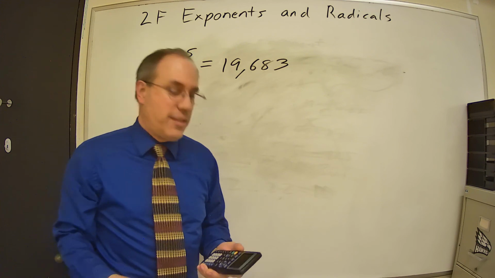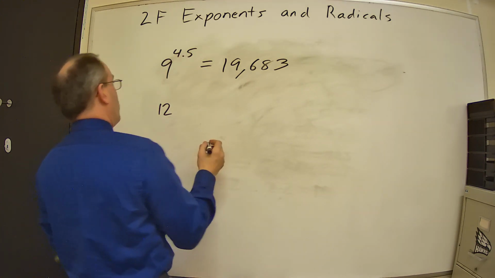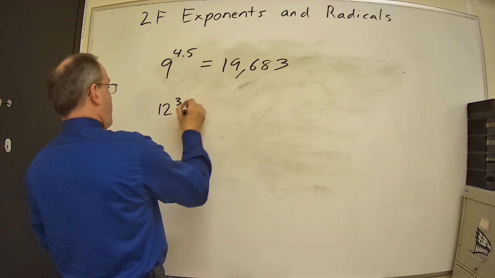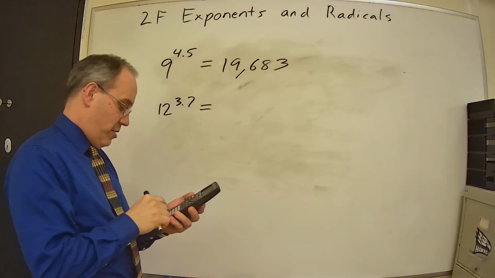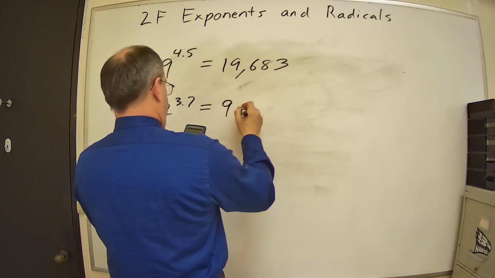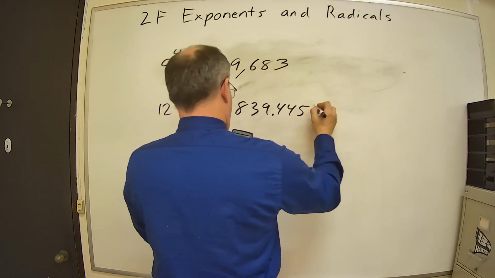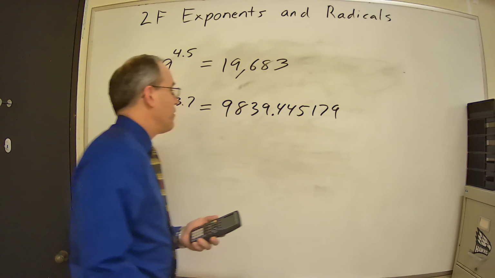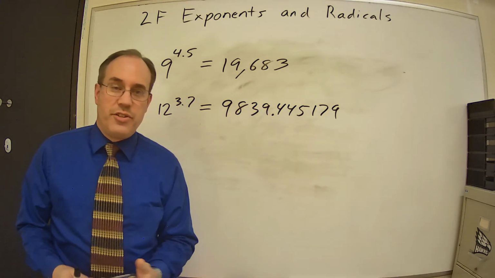In fact, it's very likely that it won't. What if we try 12 to the 3.7? So I go 12 to the 3.7, and I get 9,839.445179. Okay, so as we see, it's going to cause these issues.